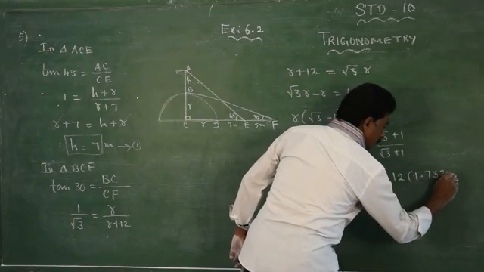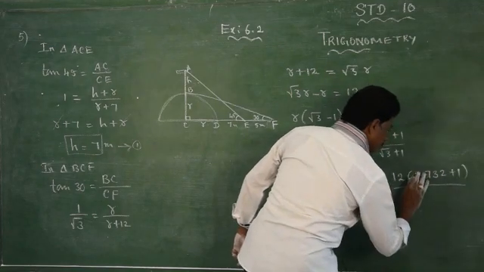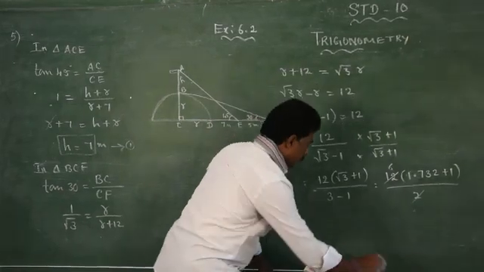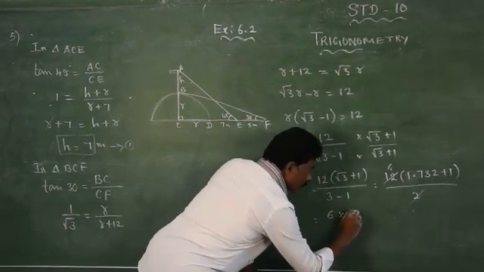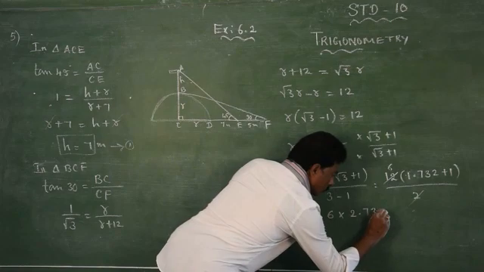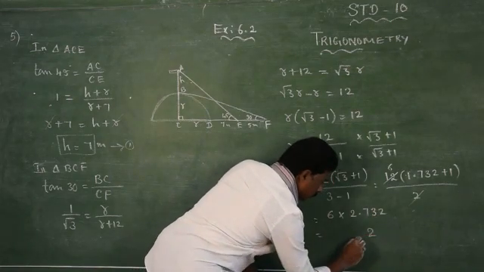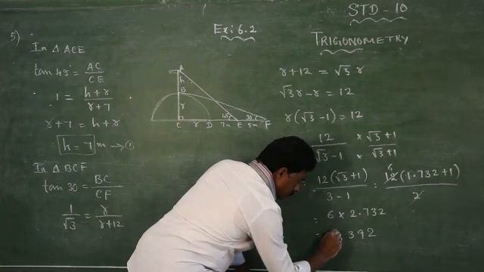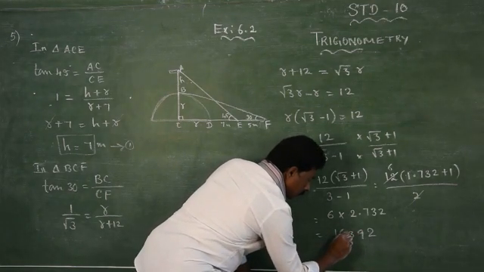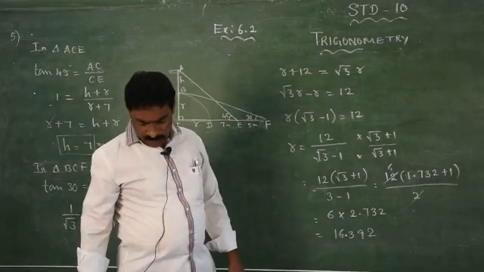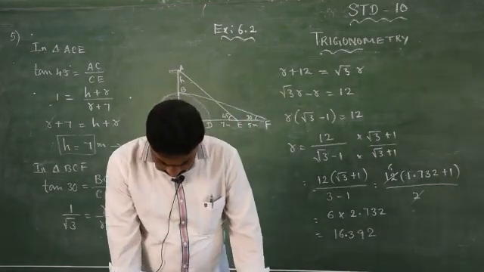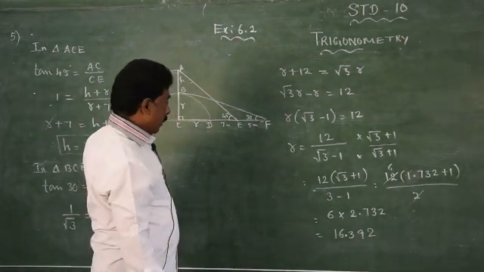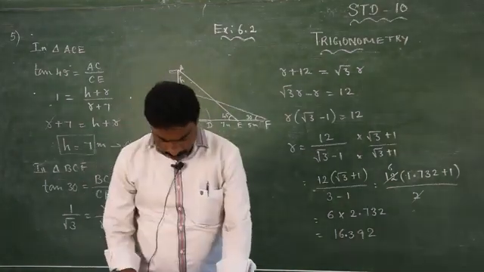Root 3 value is 1.732, plus 1, by 2. 2 and 6, 12, 6 times. So that is 6 into 2.732, so 16.392, that is R. So what is the radius?